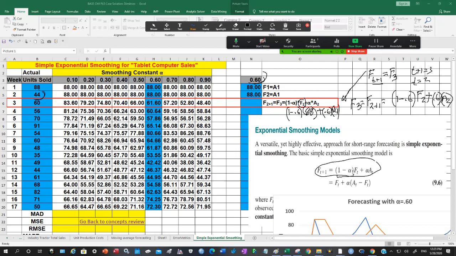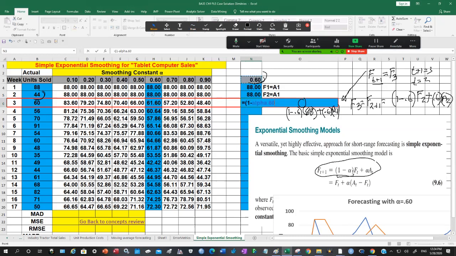So let's go ahead and do it right here. So we will say equals, all right, parentheses, 1 minus the 0.6, which I gave a name variable.